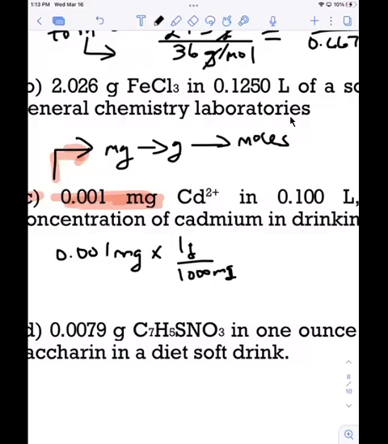What do you get? Somebody else is going to have to answer this one because my calculator can't compute it. Is that right?